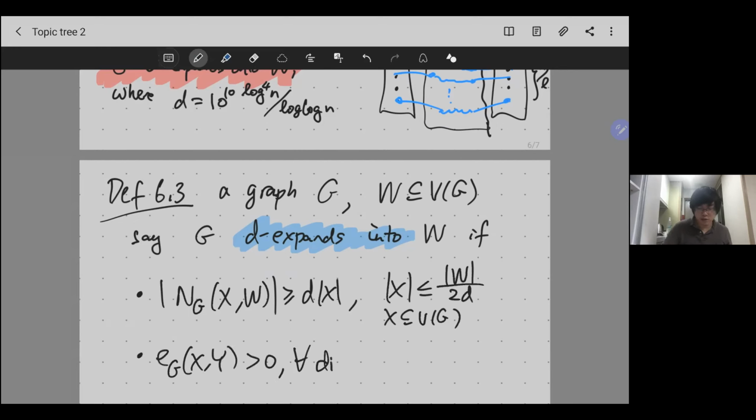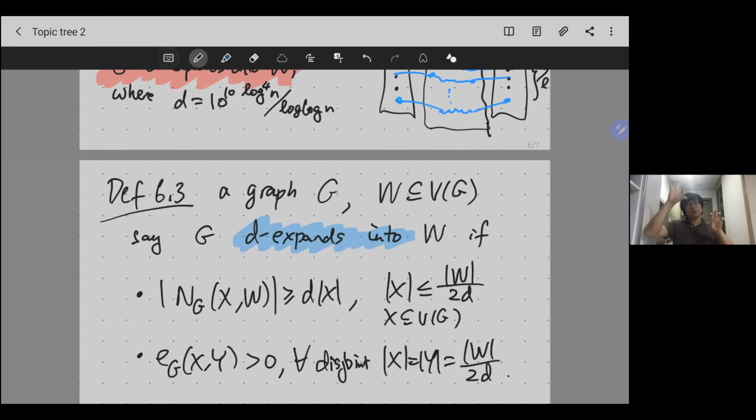For any disjoint X, Y of size W over 2D, when sets are below W over 2D, when it's small, we expand by a factor of D into W. When you reach W over 2D, then suddenly you have this large set connectivity, which is equivalent to saying that a set of size W over 2D expands hugely, because you can only have at most W over 2D non-neighbors.